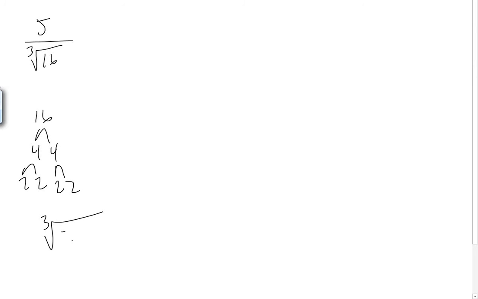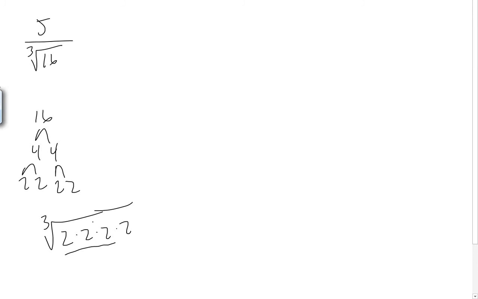Let me do it all together again. Say I had 5 over the cube root of 16. 16 is not a perfect cube. 16 breaks down to be 4 times 4, which is then 2 times 2 and 2 times 2, so that I have the cube root of 2 times 2 times 2 times 2, 4 times. These 3 could already come out of the radical. Let me be a little bit more careful when I underline that.